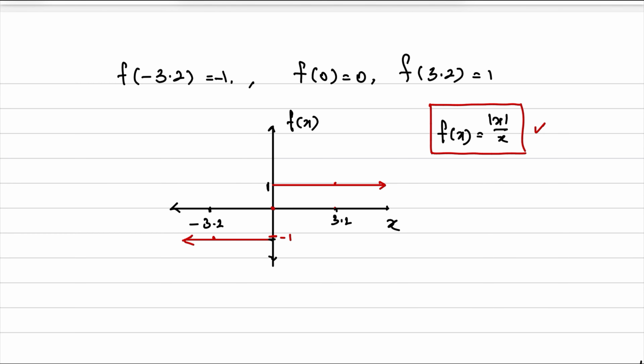and function x is equal to 0, because 0 by 0 is not defined. Function x is equal to 0 when x is equal to 0. It is separately defined, okay, at 0.